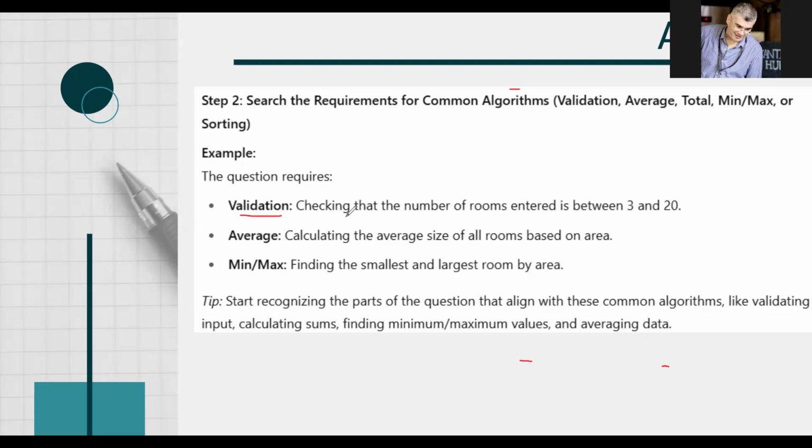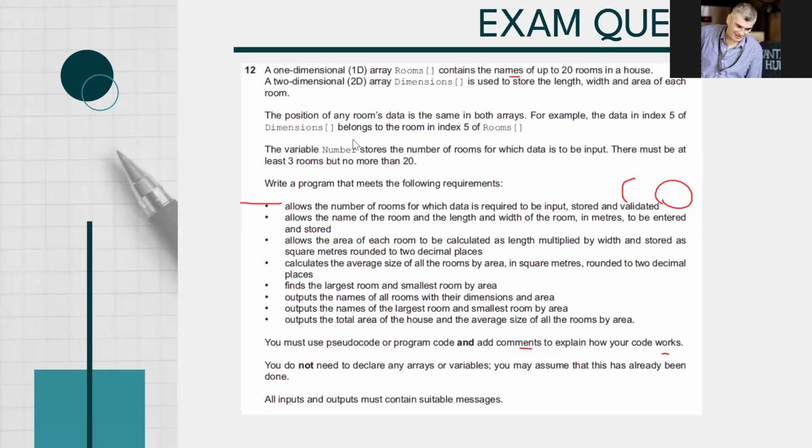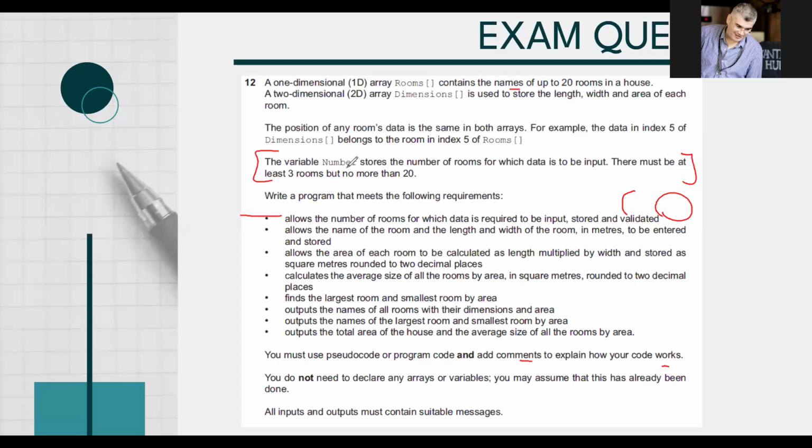So what is the validation that is going to happen here? He's saying to check that the number of rooms entered is between 3 and 20. If we look back at the question, we will find that this part was mentioned here. He's saying that the number must be between 3 rooms and not more than 20 rooms.